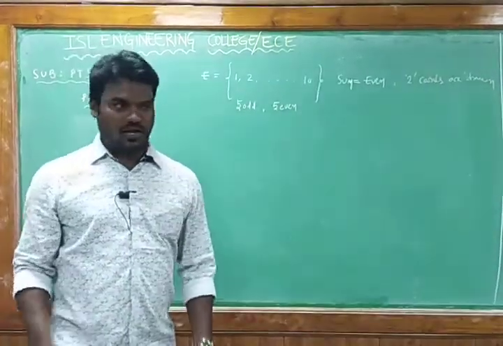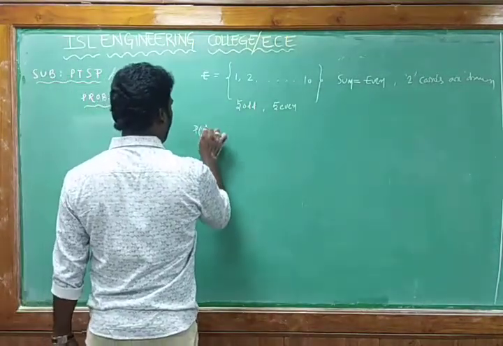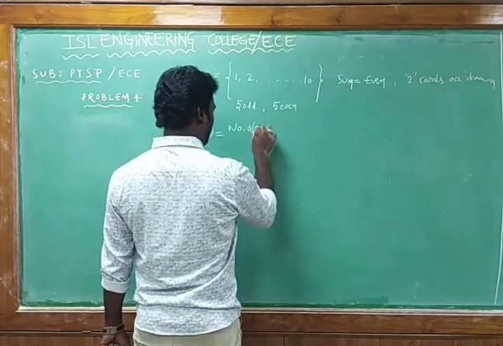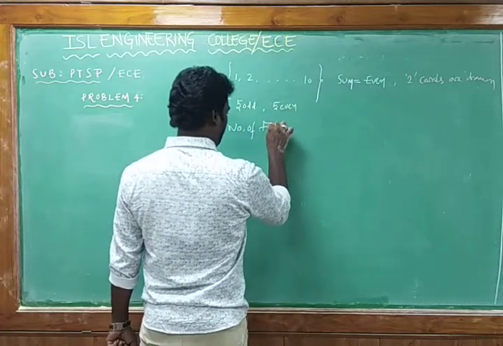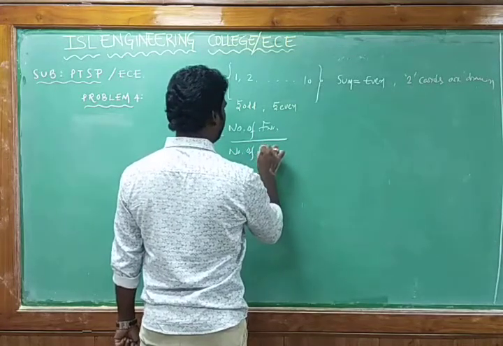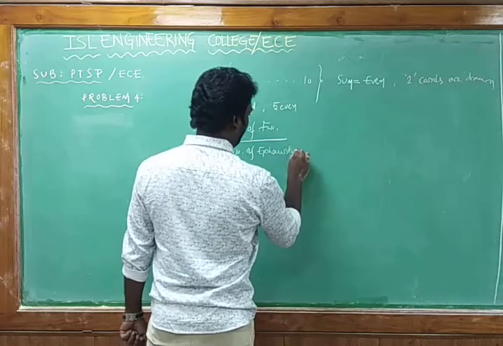This is the question we need to calculate. Then what is the probability formula? Probability of A is equal to the number of favorable cases divided by the number of exhaustive cases.